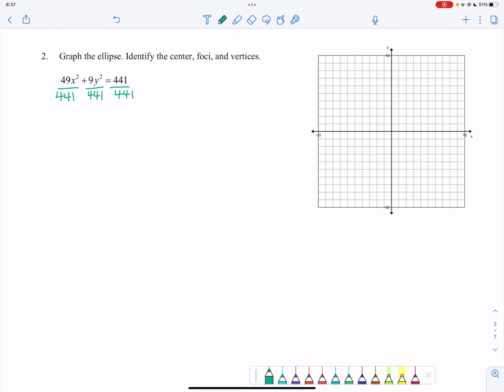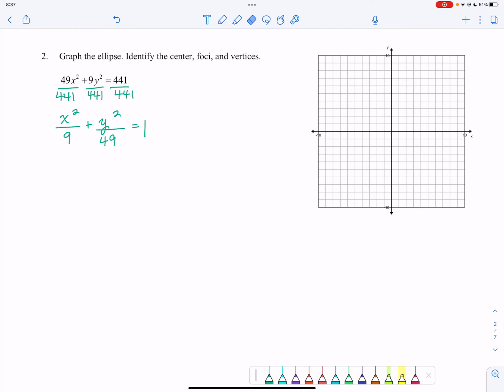And we end up with x squared divided by 9, and I can show you that on the calculator, plus y squared divided by 49 is equal to 1. So actually on your calculator, you would put 49 divided by 441 and then click Math Frac. And I can go ahead and pull that up if we need to.